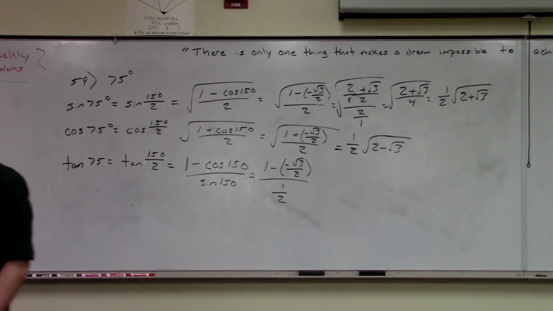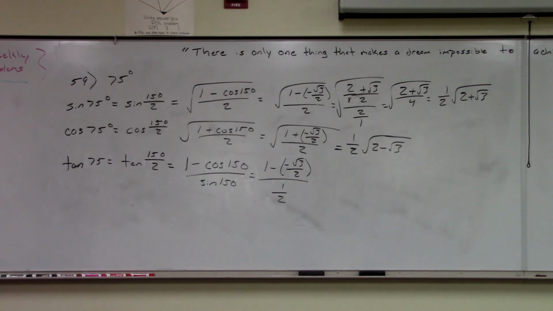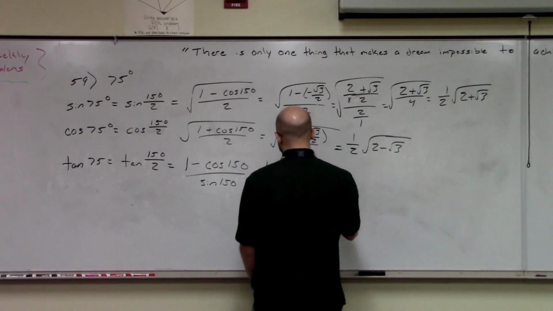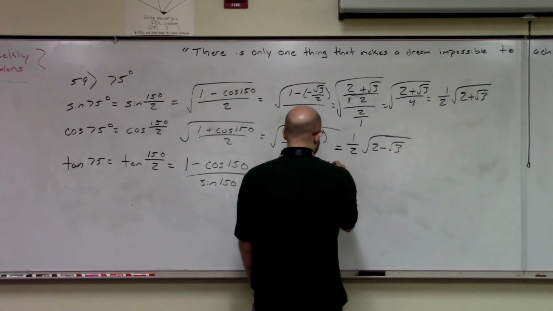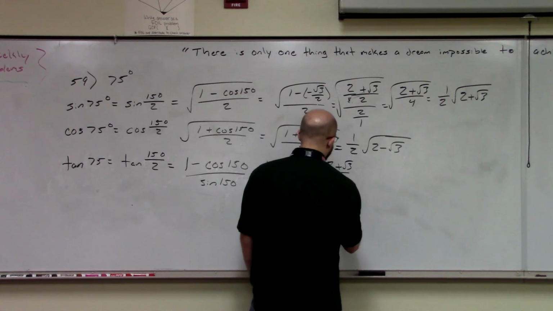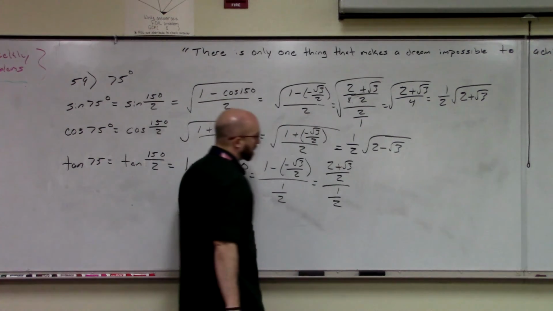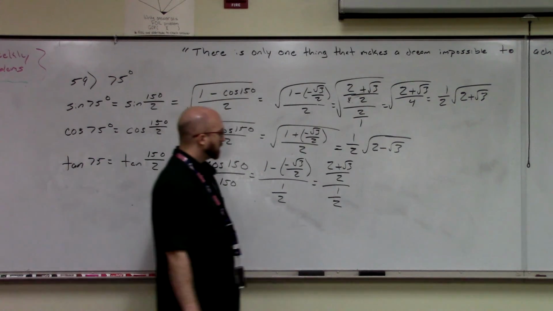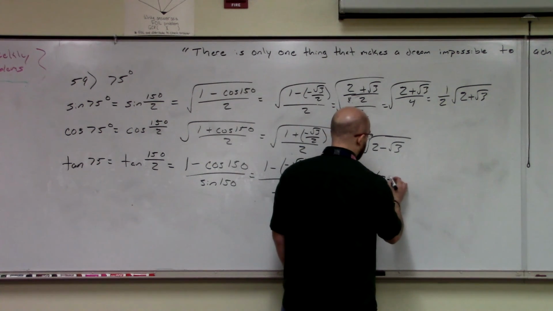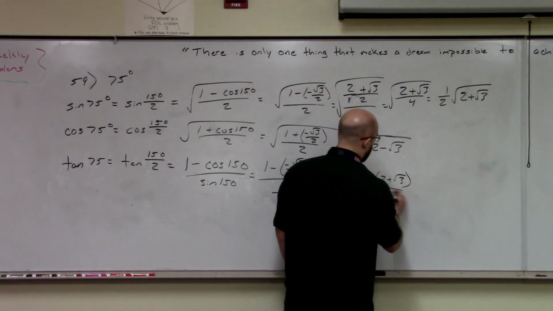Okay, so let's go ahead and simplify the top part, so we get 2 plus square root of 3 all over 2 divided by 1/2. It's a complex fraction again, so we get 2 times 2 plus square root of 3 all over 2.